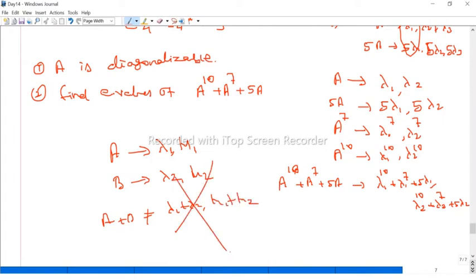This is not true in general. If both matrices are the same matrix, then we can add the corresponding eigenvalues. You cannot change the order. Once you fix lambda 1 as the first eigenvalue and lambda 2 as the second eigenvalue for A, when you are finding the powers, you cannot change the order. So lambda 1 is first, lambda 2 is second. Then for 5 times A, 5 lambda 1 is first, 5 lambda 2 is second. You cannot change the order.